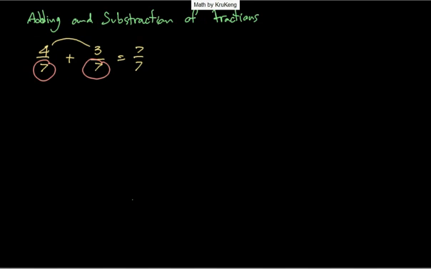So the method that we have to do is, let's say we have 4/7 add 3/14. We have to make this denominator 7 to become 14.